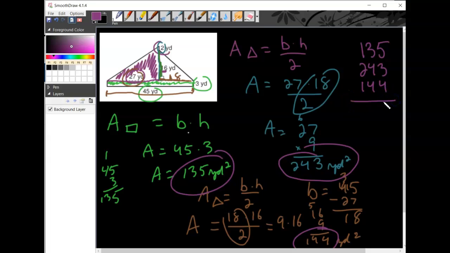The rectangle along the bottom and the two triangles. Let's add them all up. 5, 6, 7, 8, 9, 10, 11, 12. 1, 2, 3, 4, 8, 12. 1, 2, 3, 4, 5. 522 yards squared.